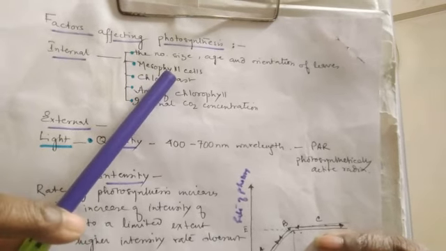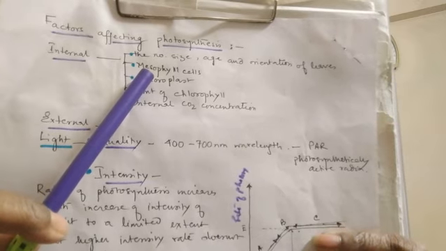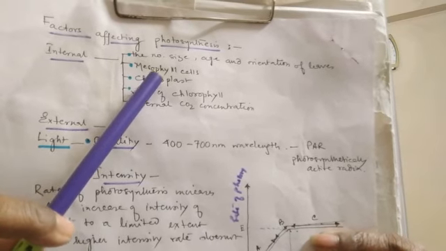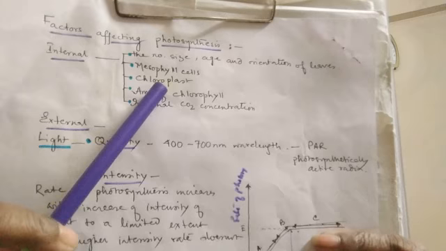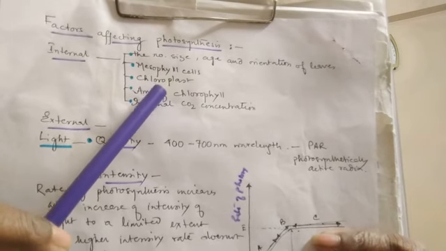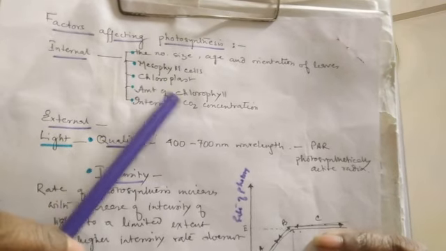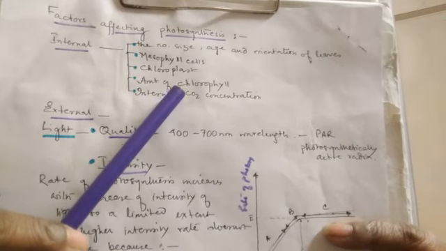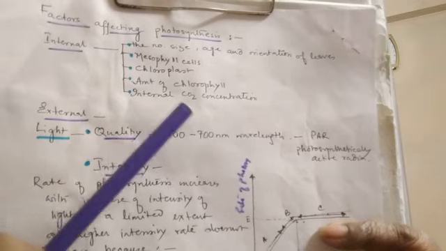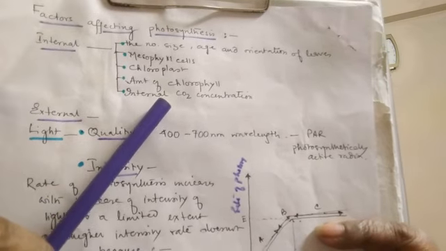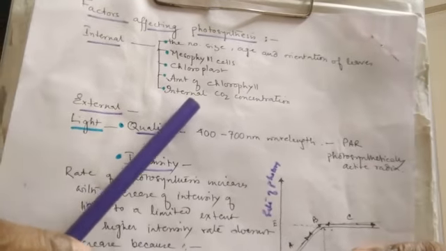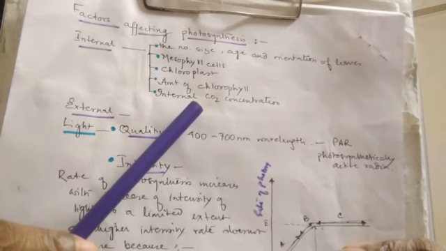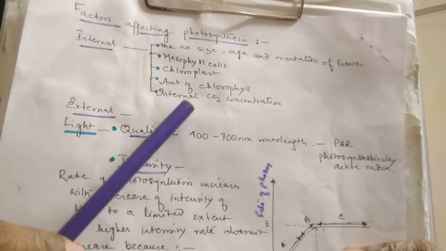Mesophyll cells, whether differentiated or undifferentiated, the density of chloroplasts in the mesophyll cells, and the amount of chlorophyll in the chloroplasts are also very important. And also the carbon dioxide concentration inside the leaf is very important.